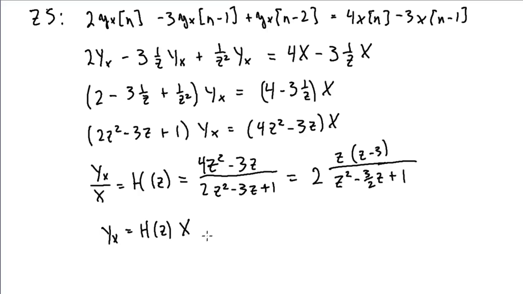And for the given input I had, x of n is 4 to the minus n u of n, x of z is z over z minus 1/4, not a half, 1/4. And so now I can get yx of z is the product of these two, h of z times the z transform of my input.